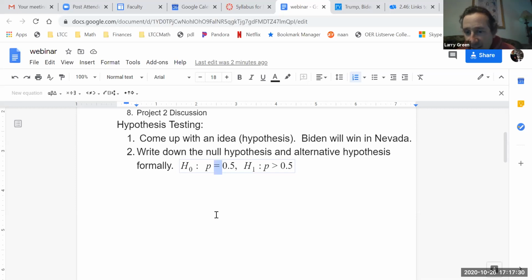Any ideas? Okay, you could have not equal to. And what that means is it's not a toss-up.